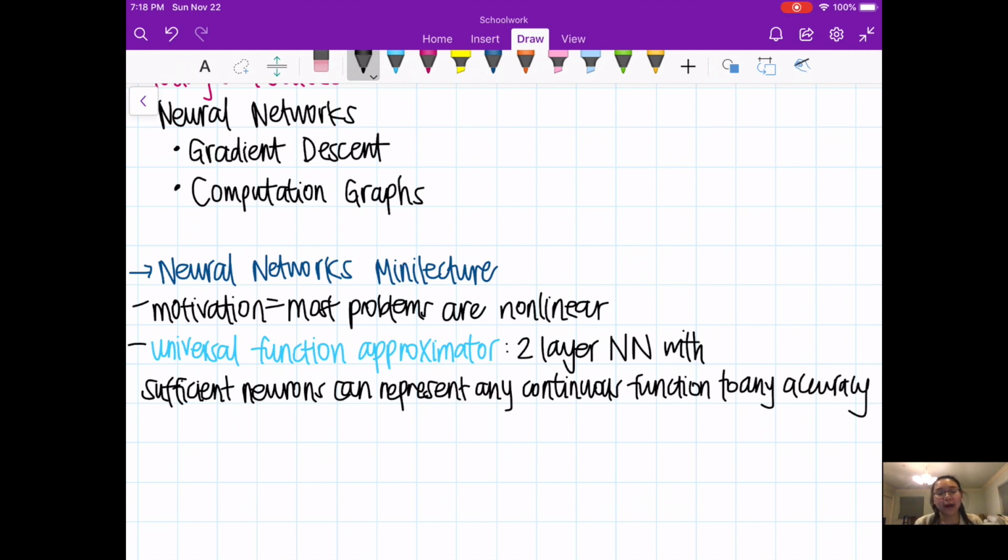So as long as we have a sufficient number of neurons, which we'll gauge what that means more in the second problem on this worksheet, and the neural network is two-layer, then we can represent any function, no matter what it is. So we will see this in play in the problems on this worksheet.